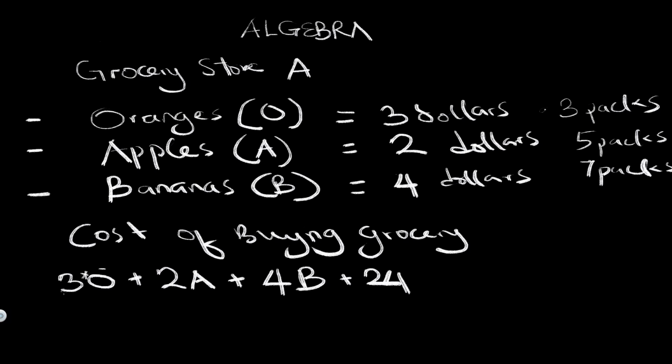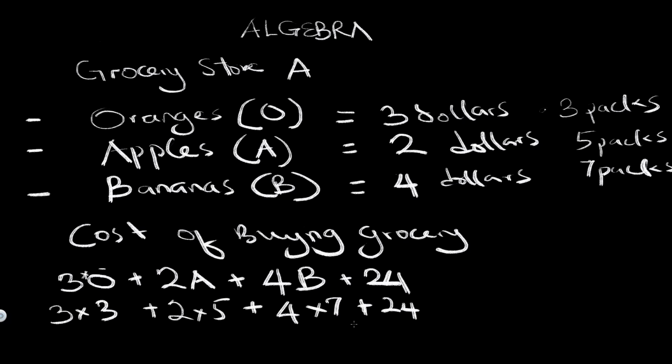This could easily be changed to 3 times 3 because it's 3 packs, and then 2 times 5 because it's 5 packs of apples, and then 4 times 7 because it's 7 packs, plus 24. So based on this, they could easily calculate how much they're going to spend in a month where they decide to order in this particular configuration.